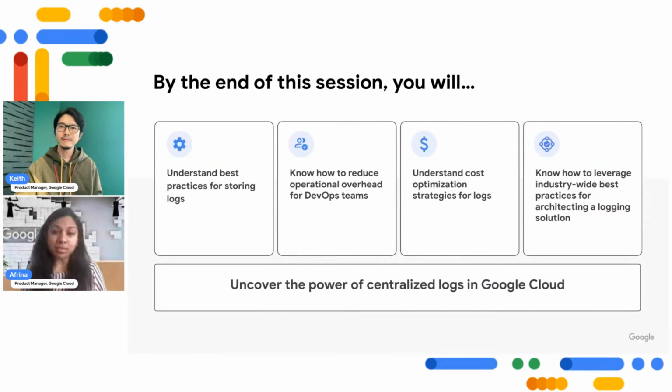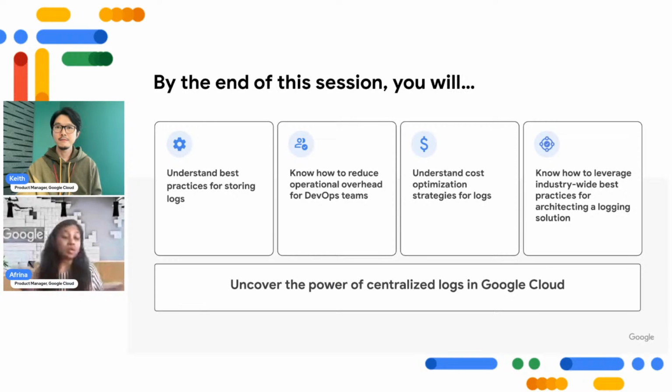So by the end of the session, we want to help you do 4 things. Number 1, understand the best practices for storing logs. Number 2, identify ways to reduce operational overhead for your DevOps teams. If not configured correctly, your DevOps team is most likely managing thousands of config files and trying to figure out the best way to reduce human error. Number 3, understand cost optimization strategy.